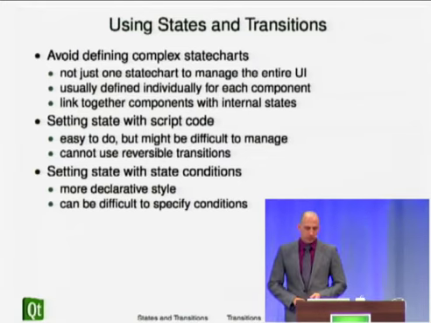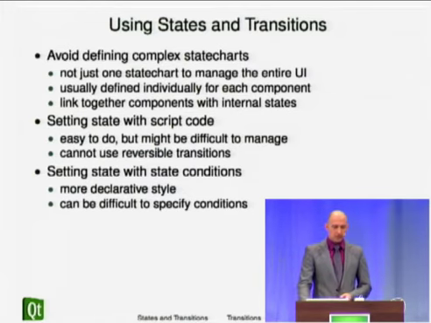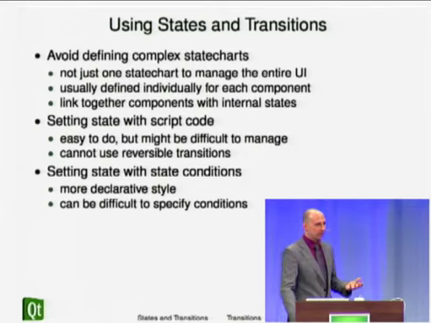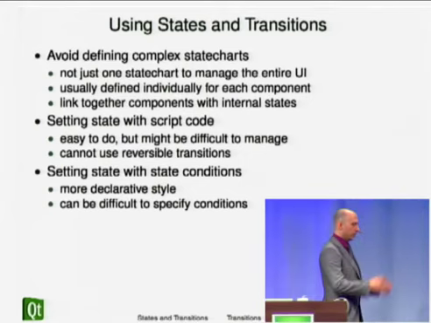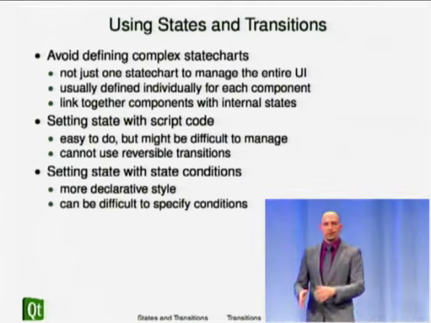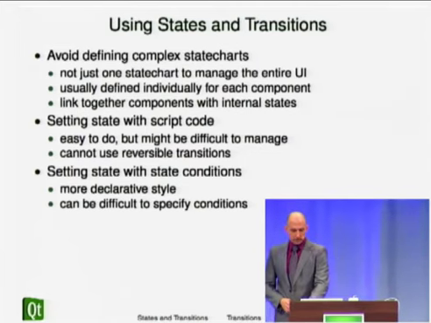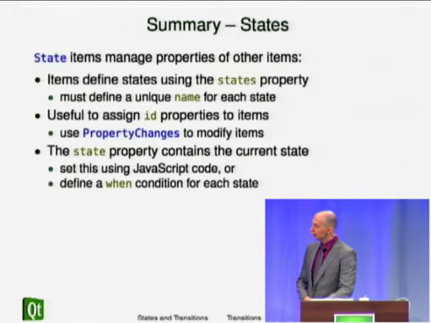You can set state with script code, but then you are into imperative land again, with all the messiness that entails. And then you can't use something called reversible transitions, which we'll see about in a minute. So the state conditions are the more declarative way of doing it because you're expressing what you want. When this state doesn't have text, be here. When it does have text, be here, right? Comments? Yeah.